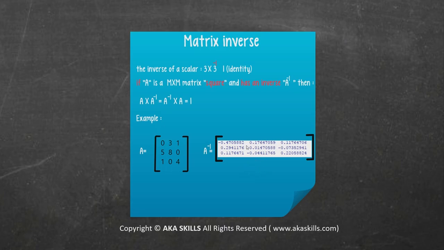That's the good part, because that's what we're going to learn in the next video. I did that using R, and we're going to see together how to do that using R, so you don't need to calculate anything. You'll have the answer directly. What's the inverse of A?